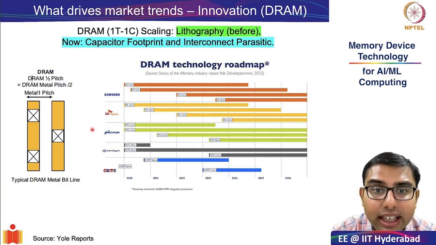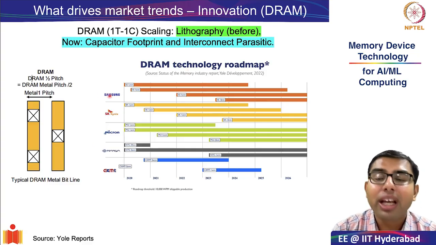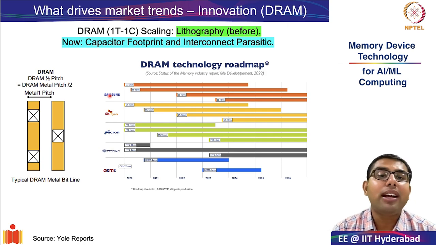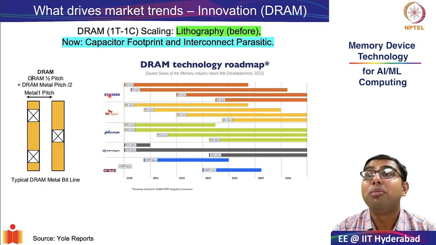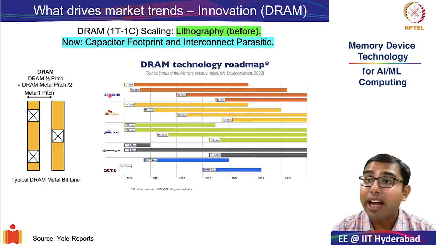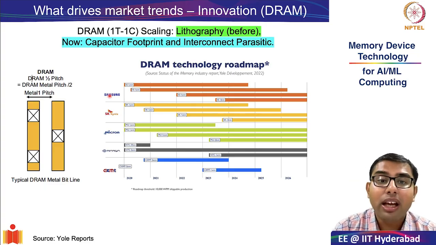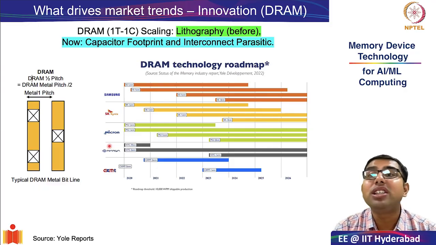As you can see, the DRAM technology roadmap is driven by four main companies. It's Samsung, SK Hynix, both are South Korean companies, Micron, which is an American company, and Nanya, which happens to be a Chinese company.